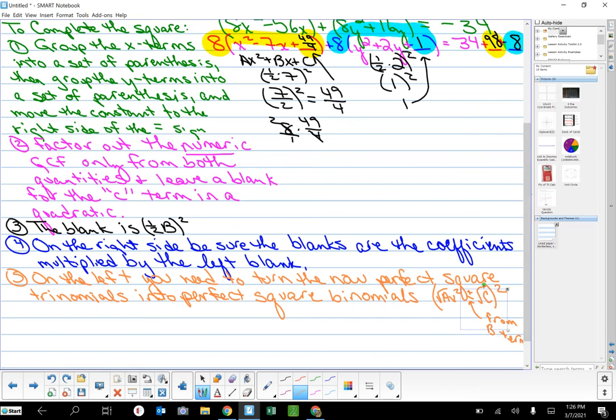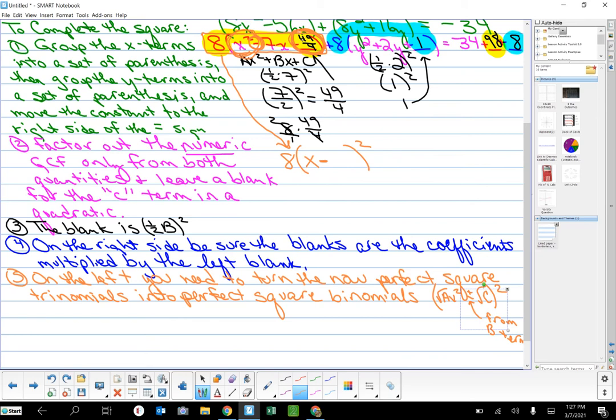Okay, so here's what's going to happen. We are focusing on this box right here. The 8 has to come down in the front. I have a binomial squared. I'm taking the root of that. Well, the root of x squared is just x. Then I'm taking the sign off the b term, which is a minus. And then I'm taking the root of that.